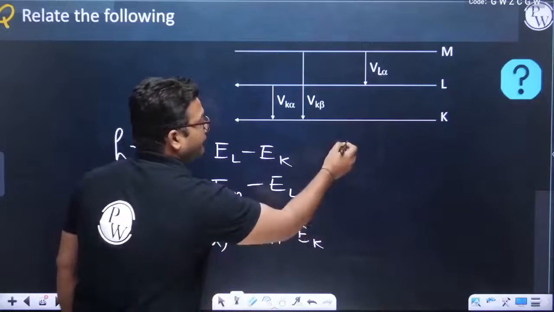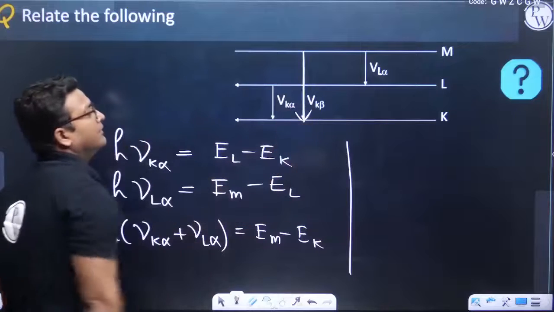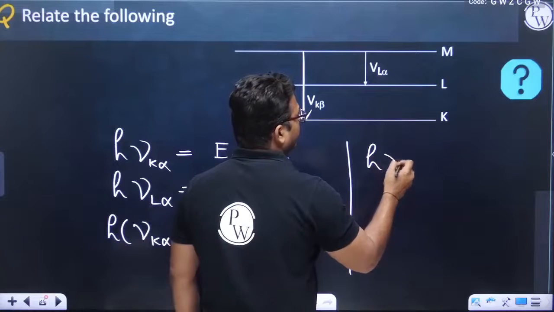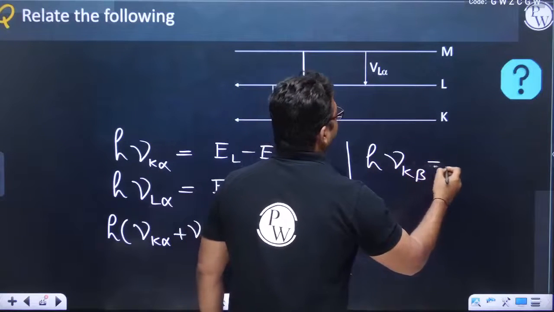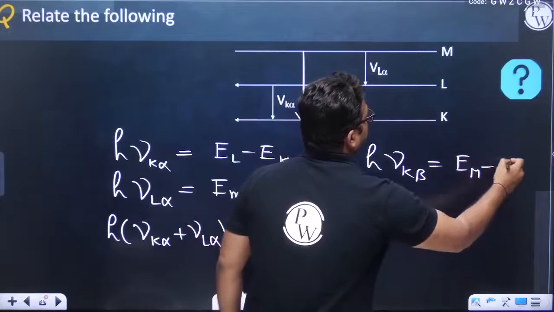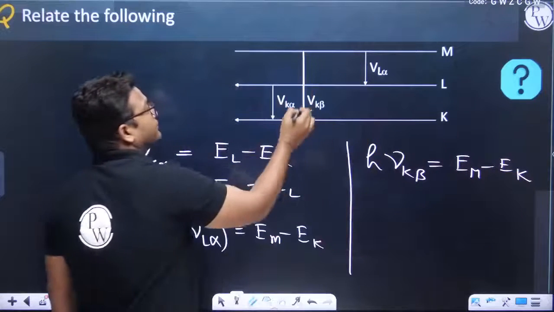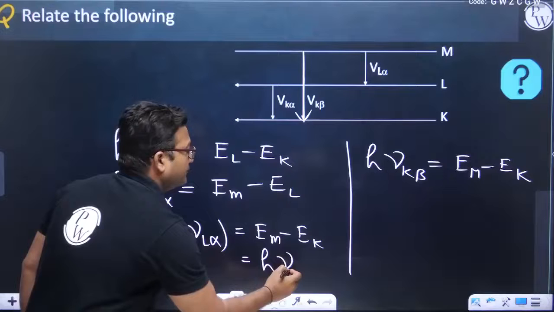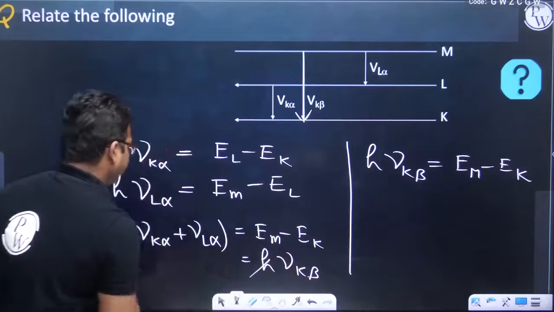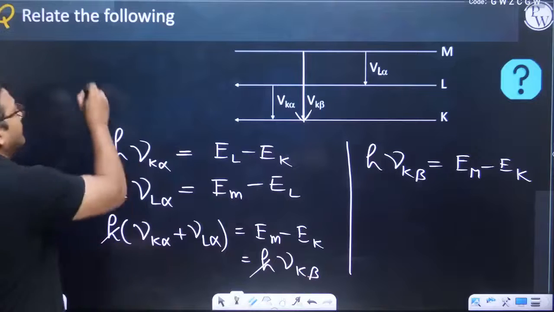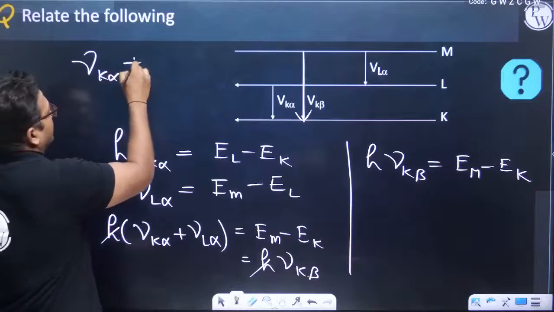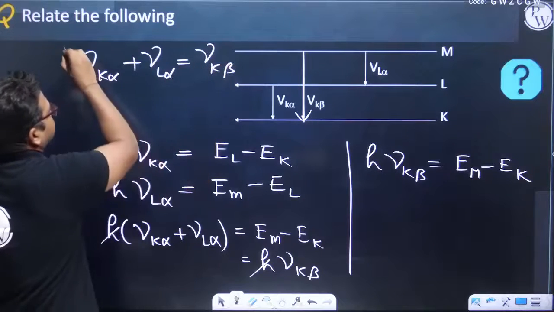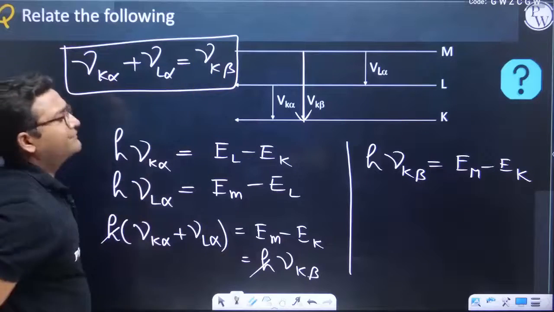And if we consider the frequency of k beta X-ray, obviously the corresponding energy would be h nu k beta, and this will be equal to Em minus Ek, because here the electron is jumping from M to K. So Em minus Ek you can write as h times nu k beta. So cancelling this h gives you the result nu k alpha plus nu L alpha equals nu k beta. So this is the required result.